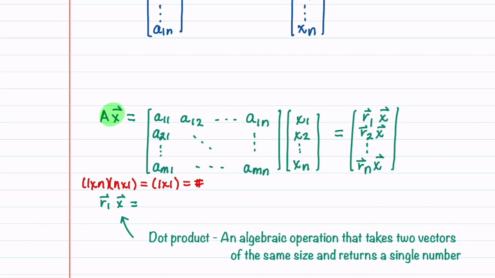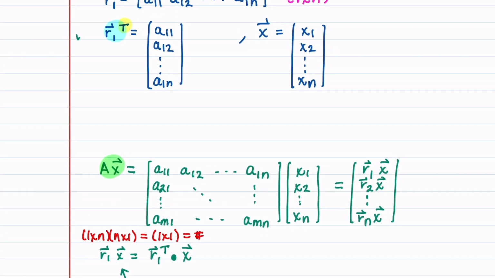This is going to be defined as R1 transpose dotted with X. This is called the dot product. It's just an algebraic operation that takes two vectors of the same size and returns a single number. R1 transpose is an n by 1 column vector just like X. If we look back up here, we can see how we can evaluate this dot product.